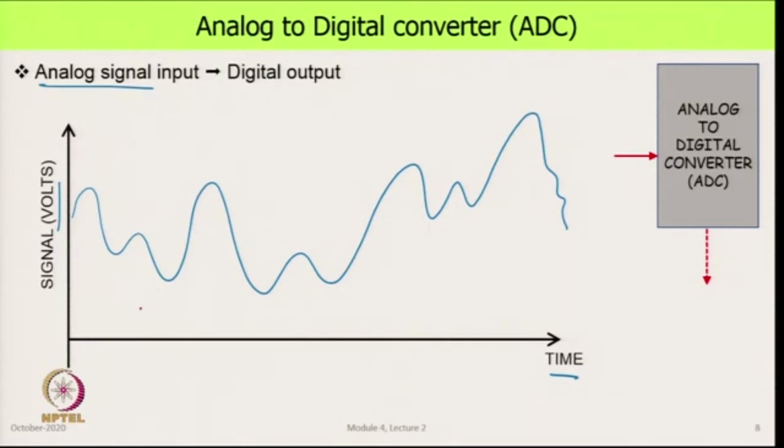In the digital world, what one does, we say, look, I look at this time instant. At this time instant, I will capture the signal value which is there, and then convert this value from an analog value to a digital value.